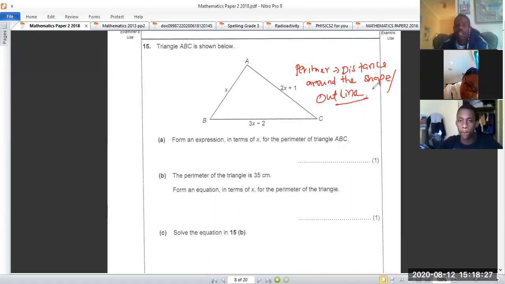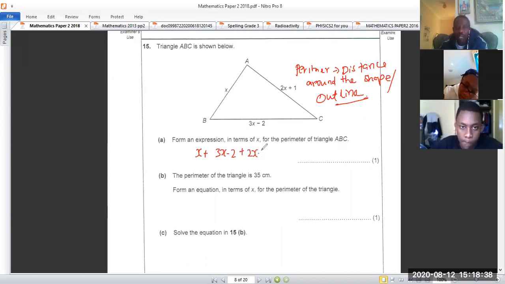That is what we call the perimeter. So the perimeter is x plus 3x minus 2 plus 2x plus 1. And then this becomes what? x plus 3x plus 2x is 6x.